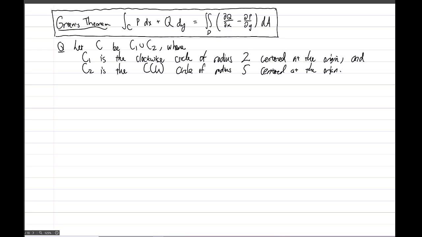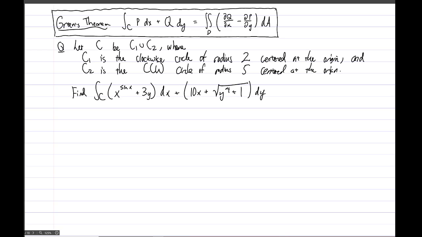Okay, with that definition in place, let's find the integral over C of x to the sine x power plus 3y dx plus quantity 10x plus root y to the fourth plus 1 dy.